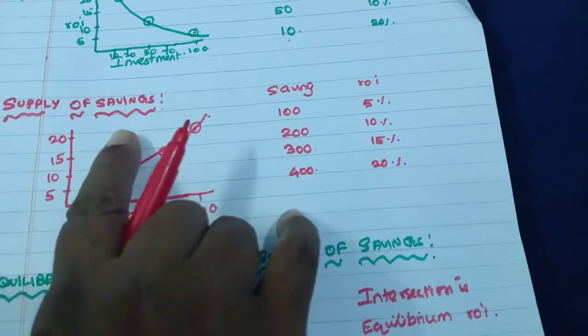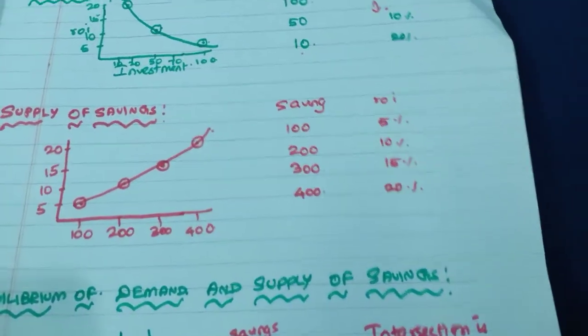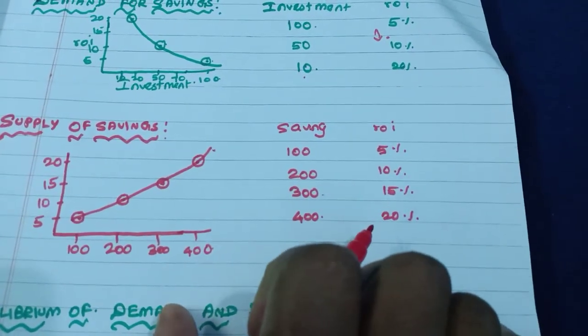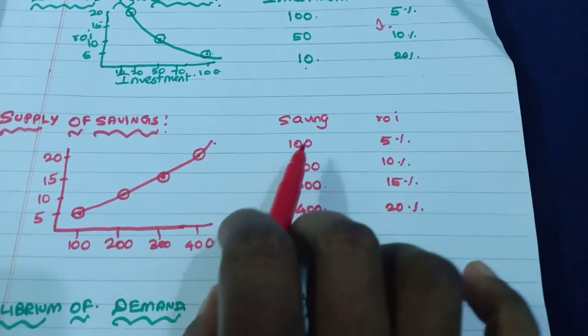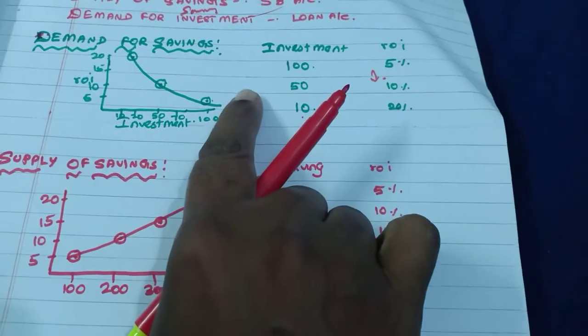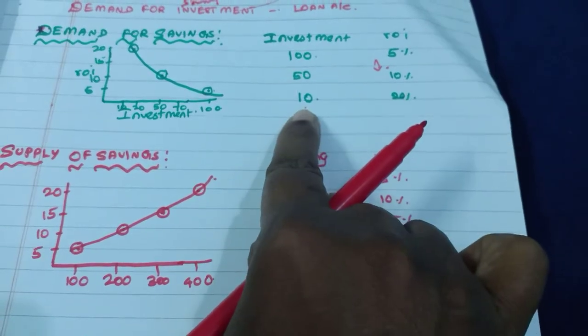Then supply of savings. Supply of savings is nothing but savings. If the rate of interest increases, people will tend to save more money. This is a concept. For investment, if the rate of interest increases, the investment decreases.